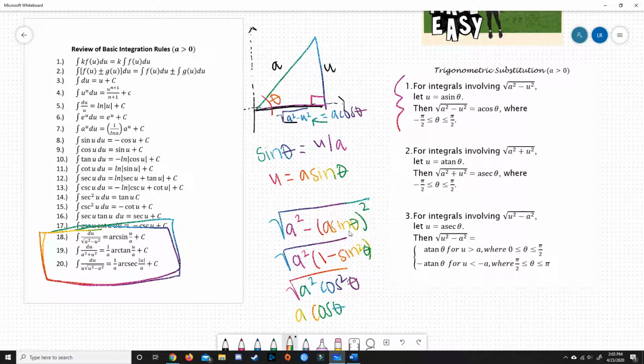When we substitute in a sine of theta, then this becomes a squared times sine squared, and then we can substitute in a Pythagorean identity and simplify it to a cosine of theta. And so we can say right here that the square root of a squared minus u squared is a cosine of theta.